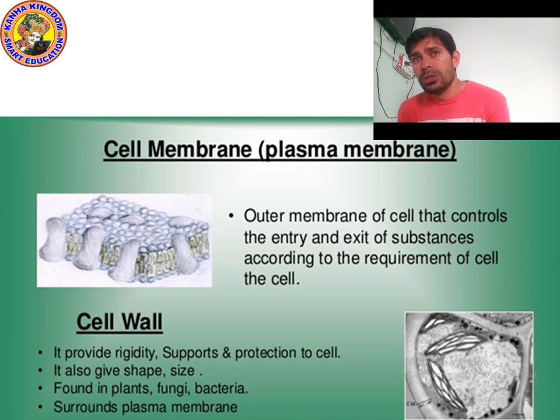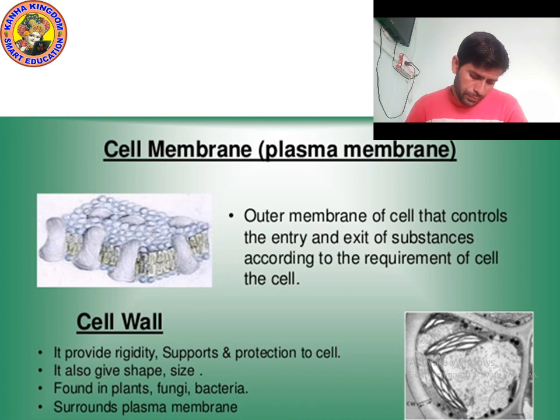Okay, so you can see the picture of the cell membrane. What is the function of the cell membrane? Well, the cell membrane is the outer covering of animal cells. It is also found in plants.